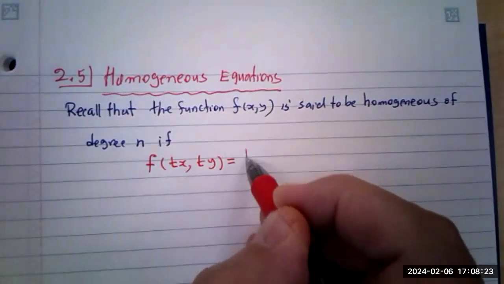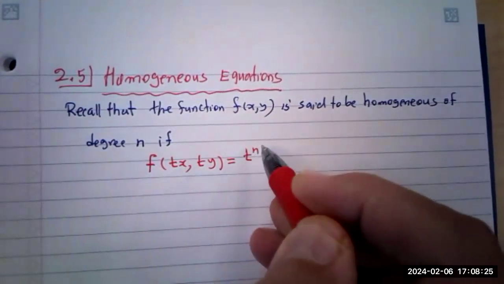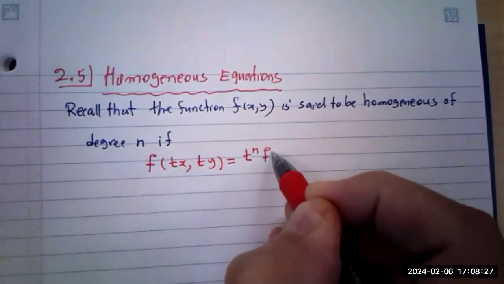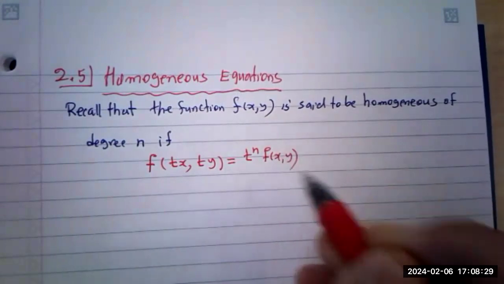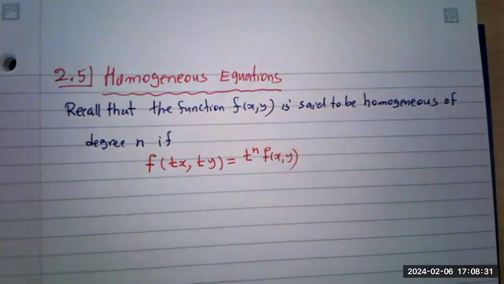So this is going to be t to the n, f of x comma y. So homogeneous, if you change the variables into a scalar multiplication, you get this.